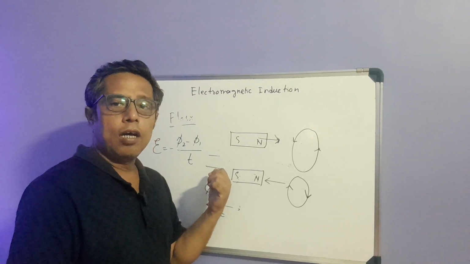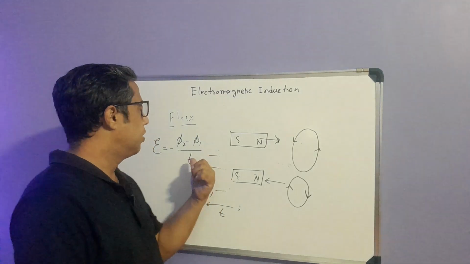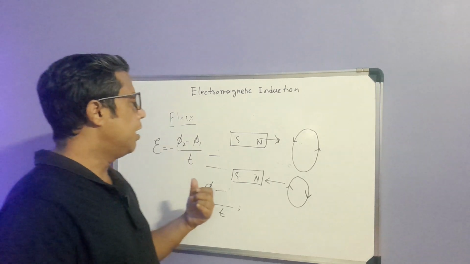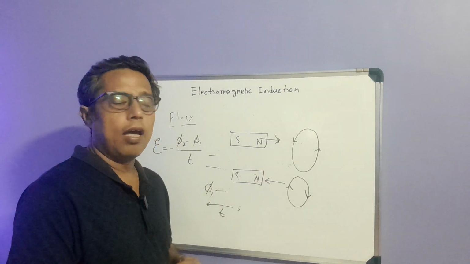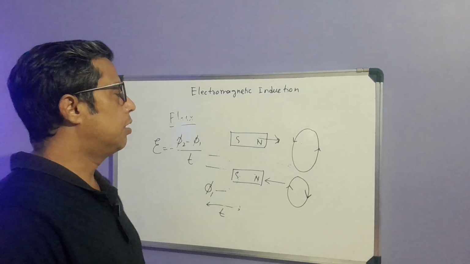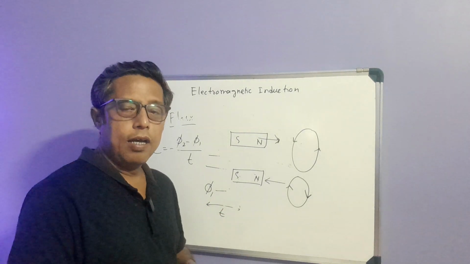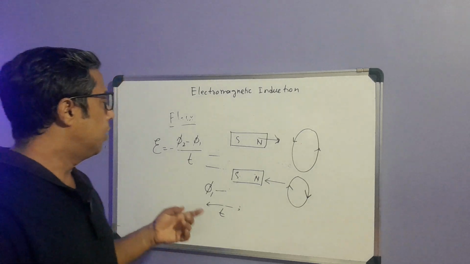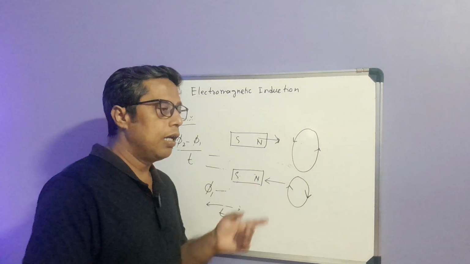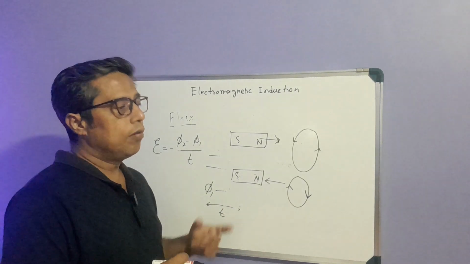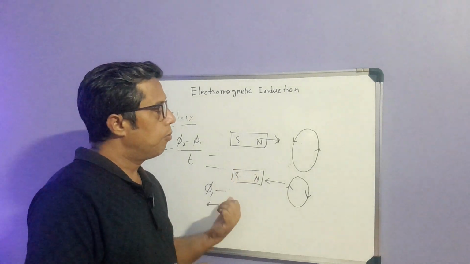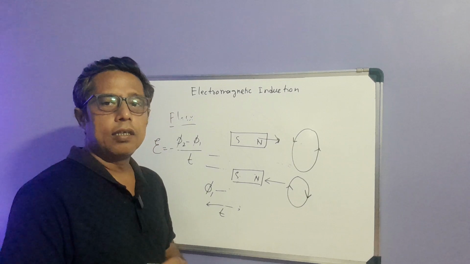By increasing the magnetic field strength, by changing theta, or by increasing the area. These are the parameters on which the induced EMF depends. And Lenz's law says that the induced current will oppose the cause for which it is produced. So Lenz's law supports the conservation of energy here.